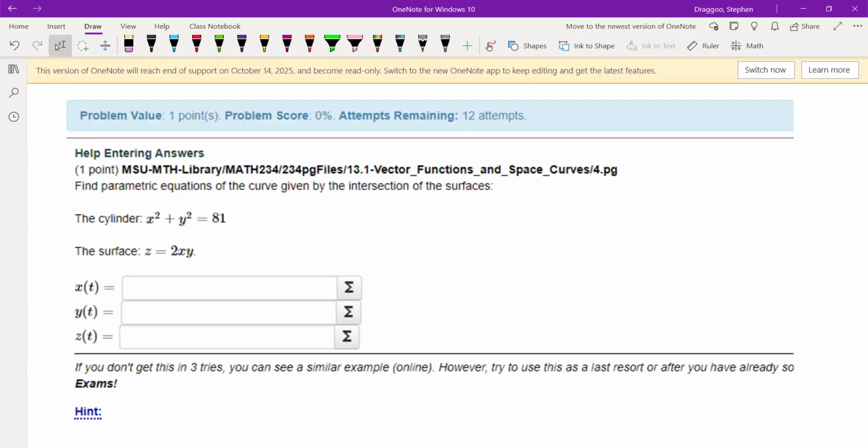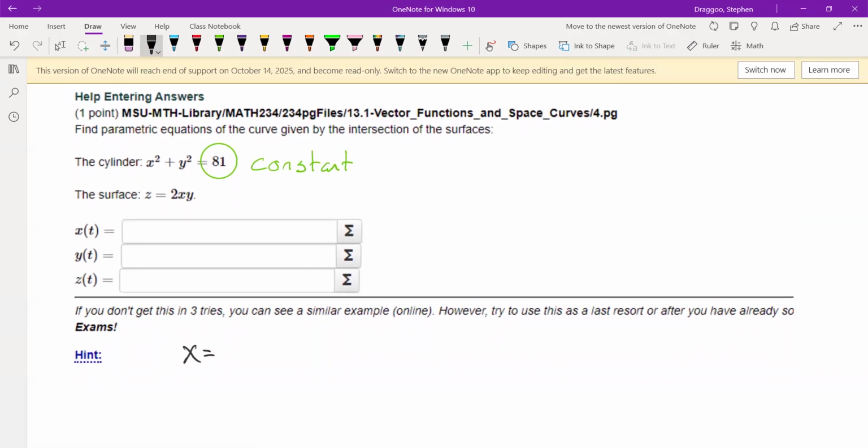So, first thing I notice here, I have x squared plus y squared equal to 81, and in particular, that is a constant. So I am immediately thinking that sine and cosine are going to be a good choice for this parameterization.